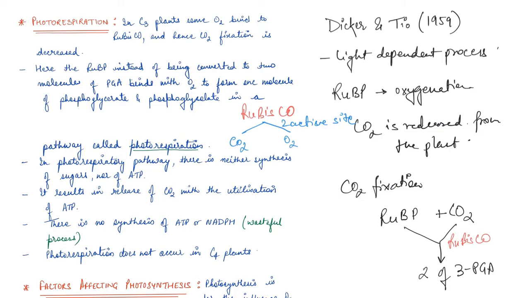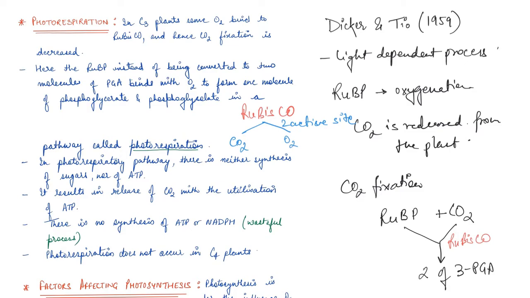Now, what would happen if there is no carbon dioxide, or the relative concentration of oxygen increases a lot and carbon dioxide decreases? Then what happens? So basically, guys, in C3 plants, which directly use the Calvin cycle, some O2 binds to RuBisCO, right? And hence carbon dioxide fixation is decreased.